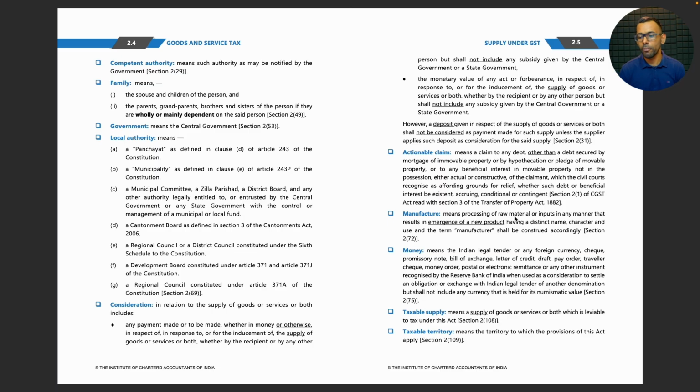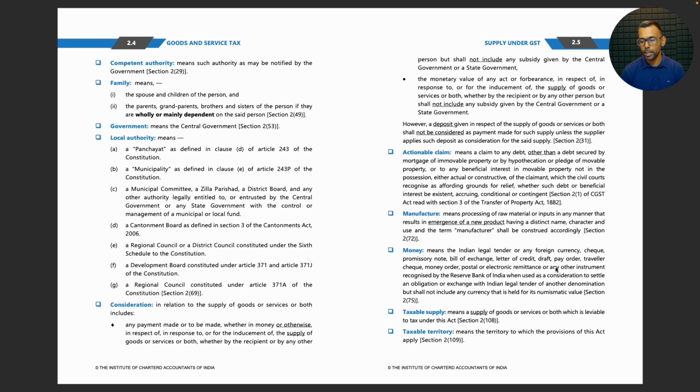Manufacture means processing of raw materials or inputs in any manner that results in emergence of a new product having a distinct name, character and use, and the term manufacturer shall be construed accordingly. Okay, this is fine. Money means the Indian legal tender or any foreign currency, check, promissory note, bill of exchange, letter of credit, draft, pay order, traveler's check, money order, postal or electronic remittance or any other instrument recognized by the Reserve Bank of India when used as consideration to settle an obligation or exchange with Indian legal tender of another denomination, but shall not include any currency that is held for its numismatic value.